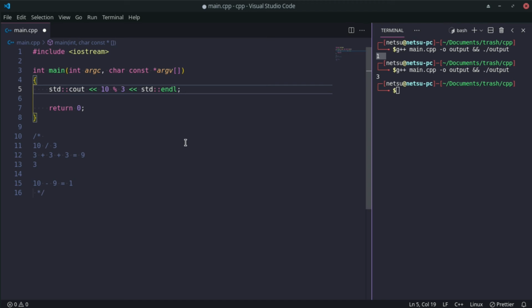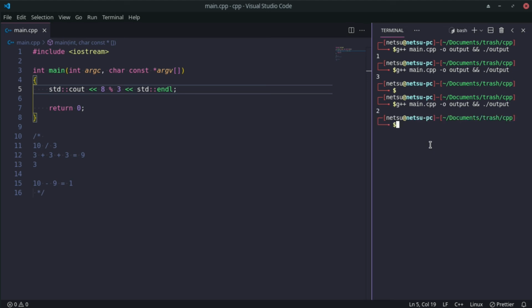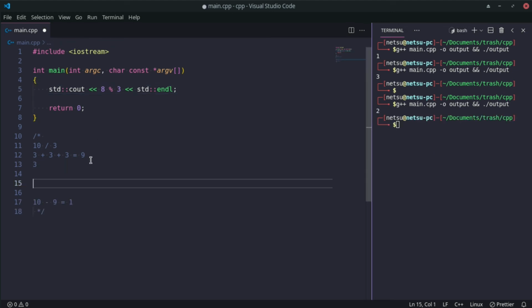We can take another example as well. Let's say 8 modulo 3. You can of course go bigger and say like 89 or something, but you know, that's a lot of math to do. So if we compile and run this, we'll get 2. Because 3 plus 3 is equal to 6. But we cannot add another 3 here because then it would be equal to 9.